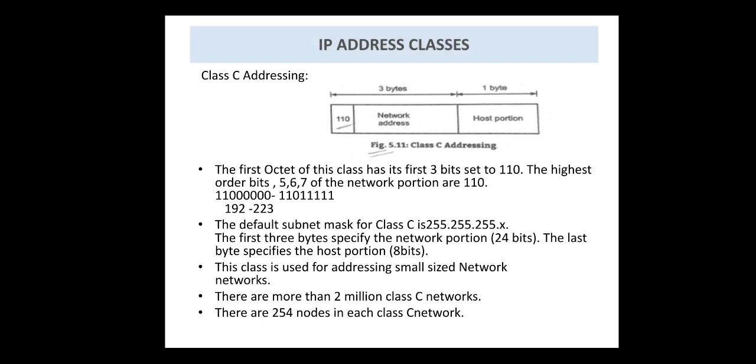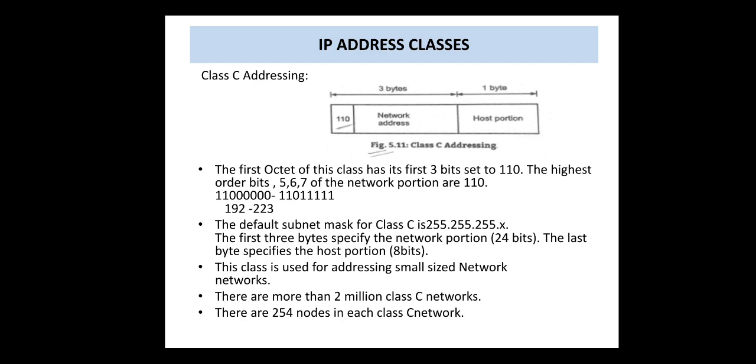Next is class C address. Most significant bits are 110. So of the 3 bytes, that is 24 minus 3, that is 21 network ID bits, and the remaining 8 bits are the host portion. The first octet of this class has its first 3 bits set to 110, that is higher order bits 5, 6 and 7 of the network portion are 110, and the range is from 192 to 223.